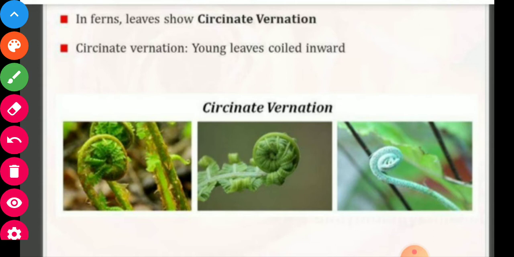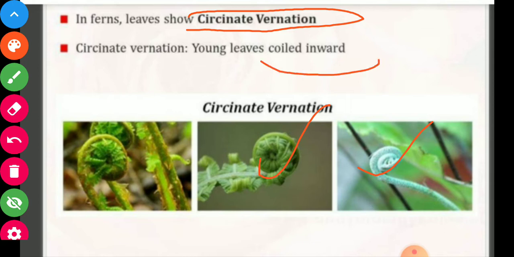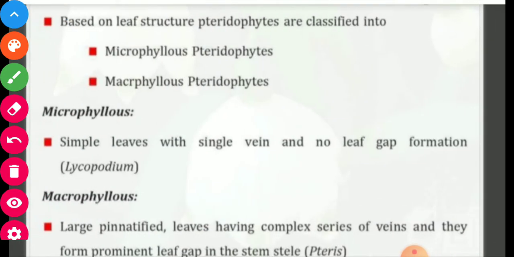In fern, leaves show circinate venation. This is a special type of venation. See here, the leaves are curled inward. They are coiled inward. So this is called circinate venation.